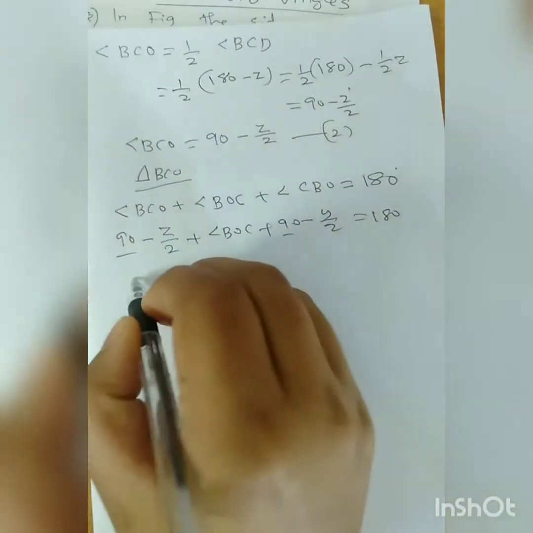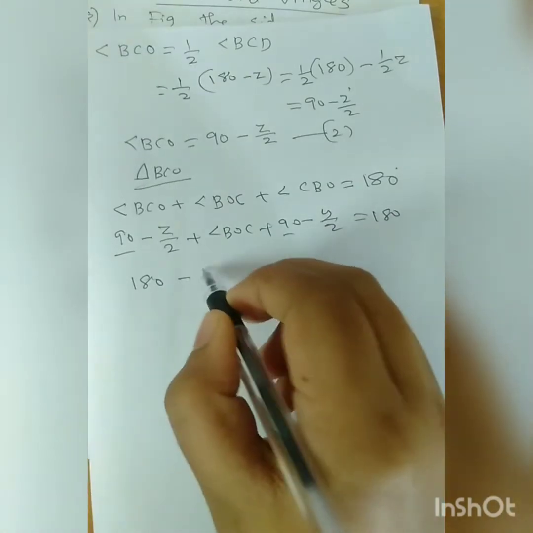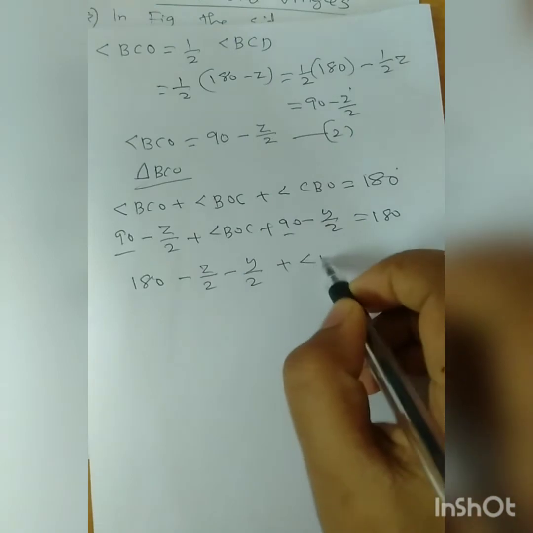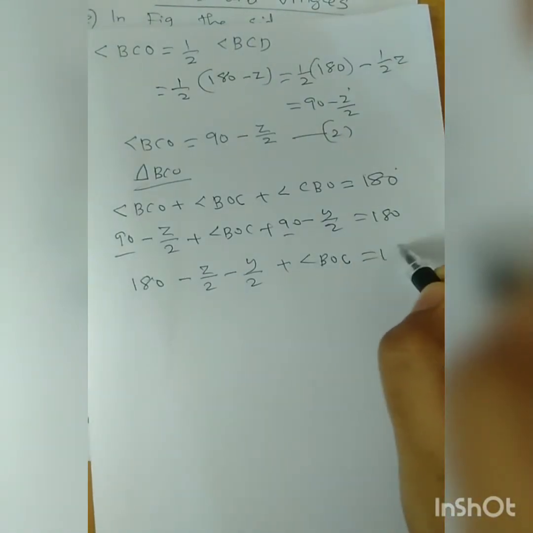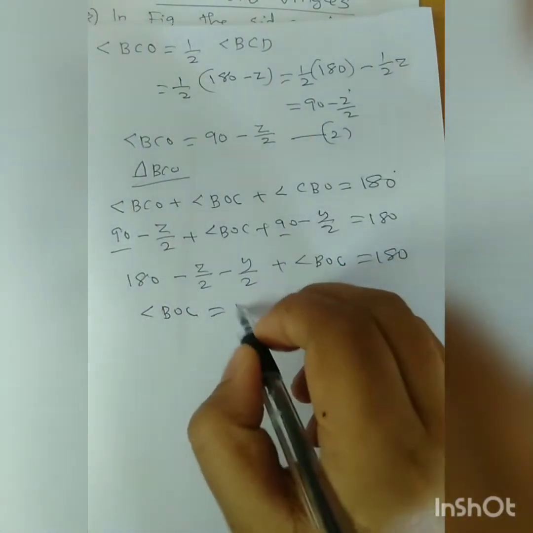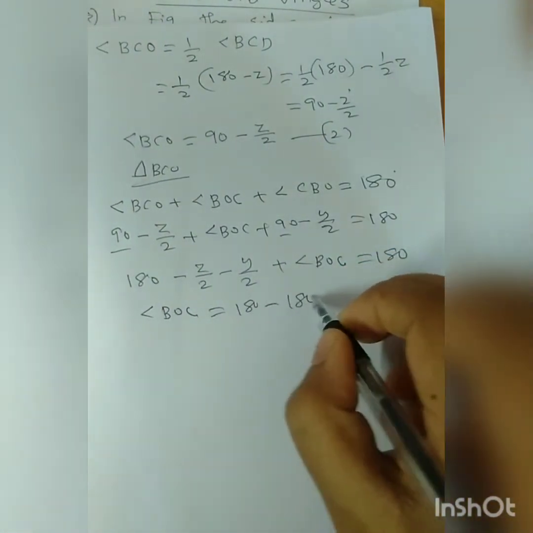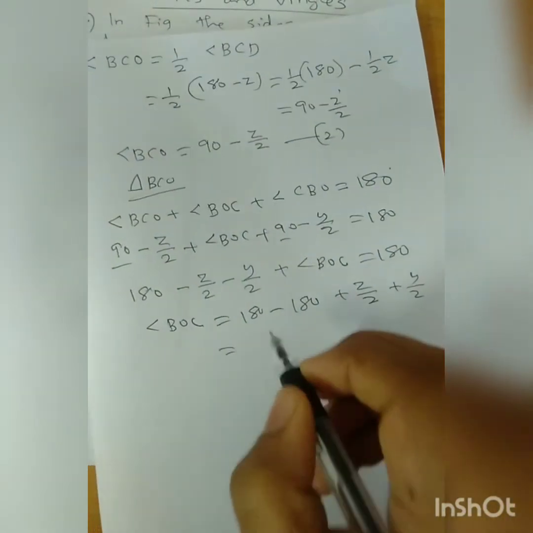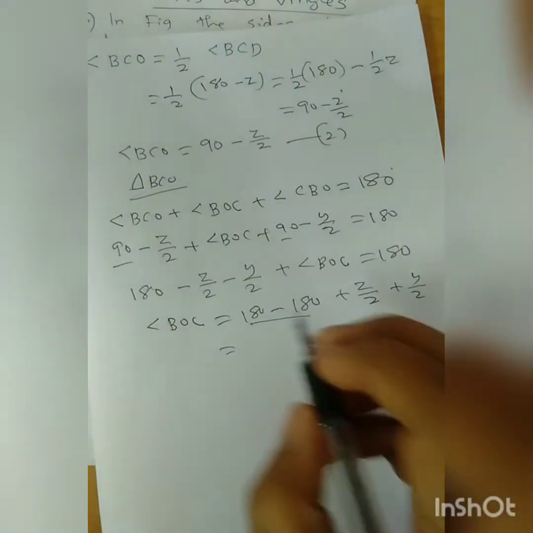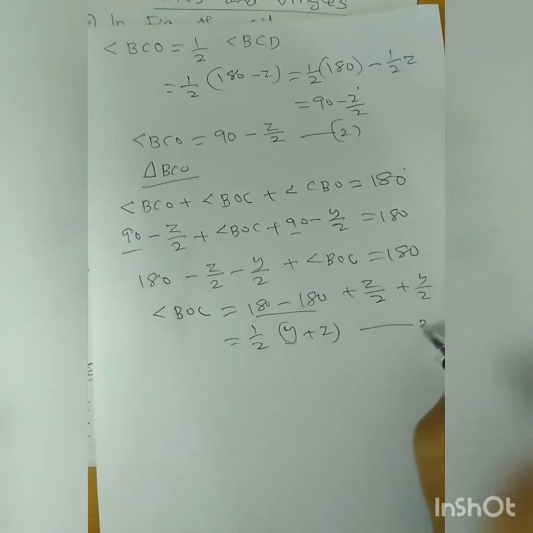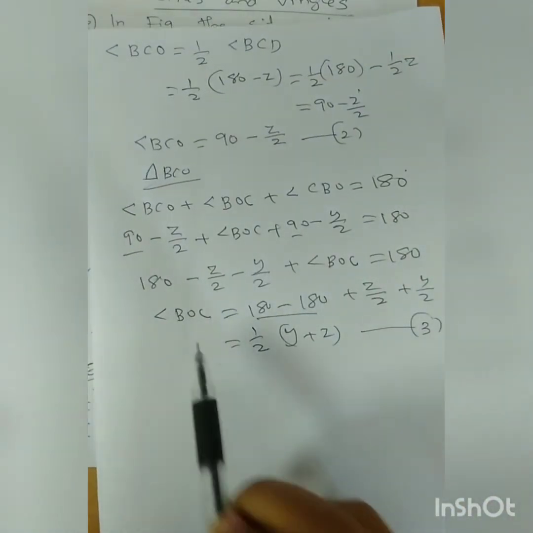So 90 plus 90 is 180, minus Z by 2 minus Y by 2, plus angle BOC is equal to 180 degree. Therefore, angle BOC is equal to 180 minus 180 plus Z by 2 plus Y by 2. 180 minus 180 is equal to 0, so which is equal to half into Y plus Z. This is equation number 3. Angle BOC is equal to half into Y plus Z.